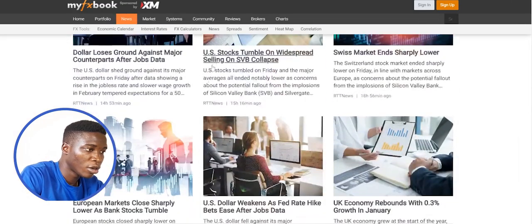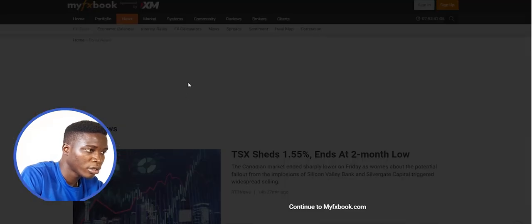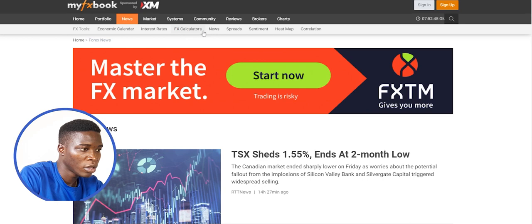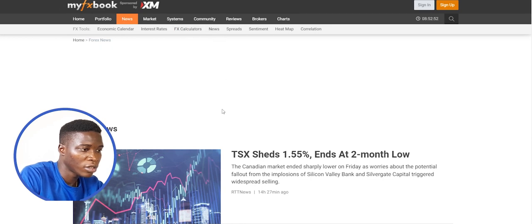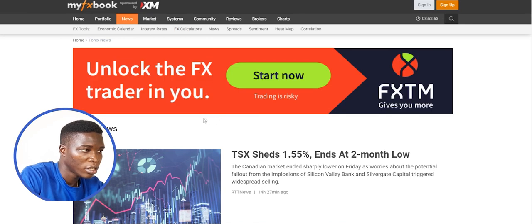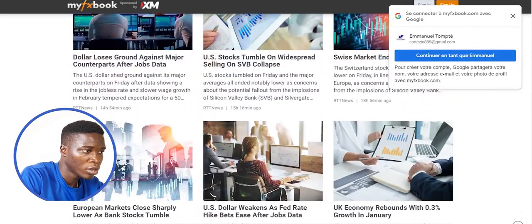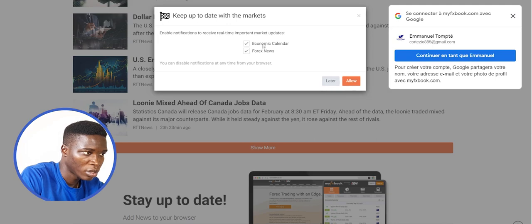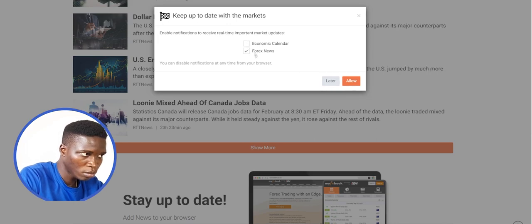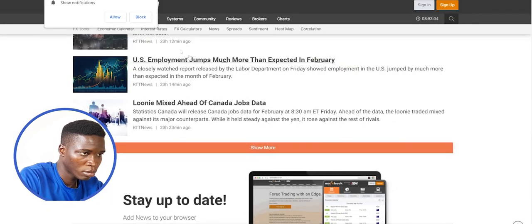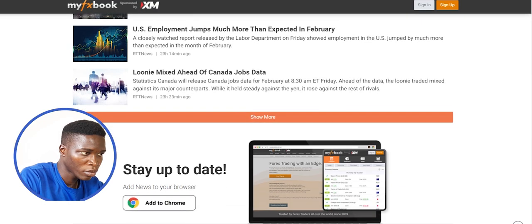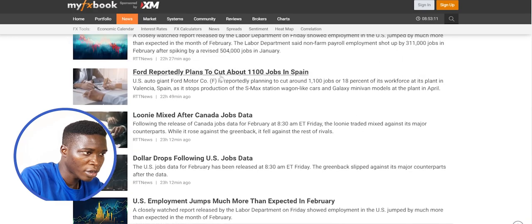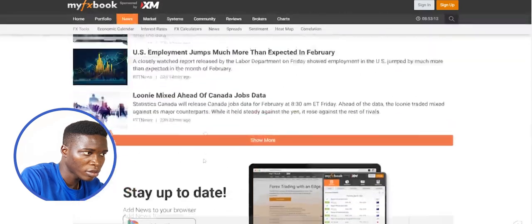So you can open my FX book and then you can click on news and you can see all the news that you need. So economic calendar, FX calculator, news. So these are the news. Economic calendar, forex news. Let's open forex news.